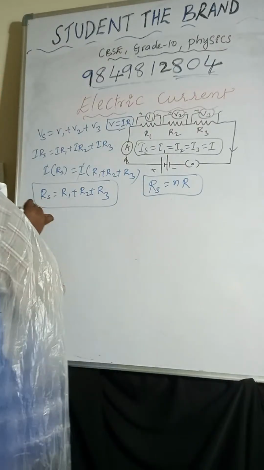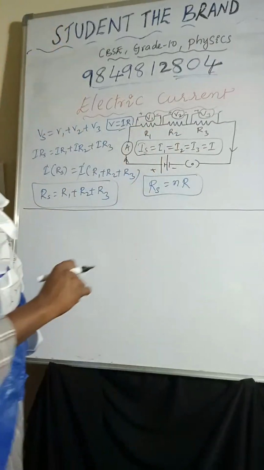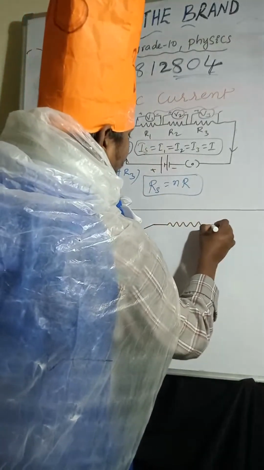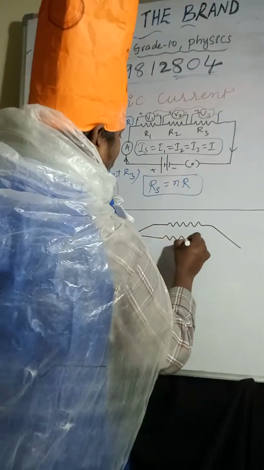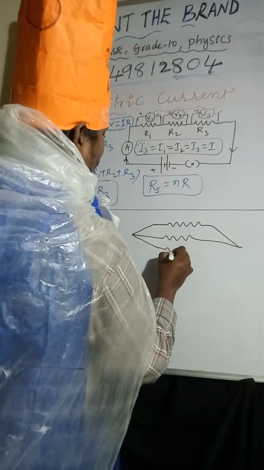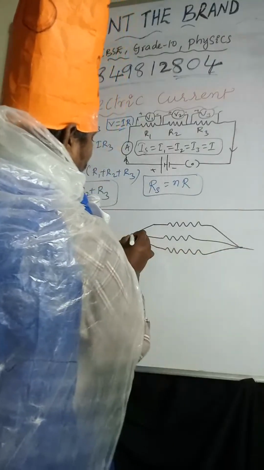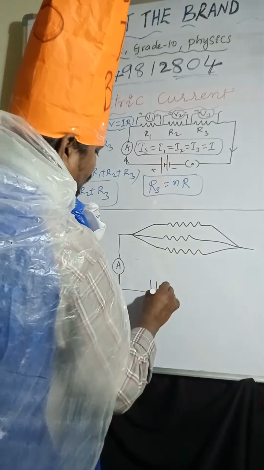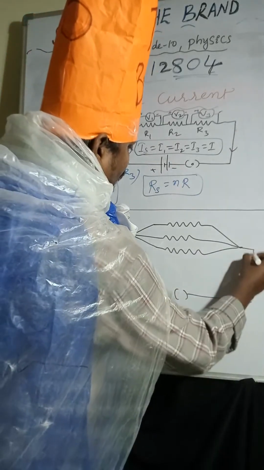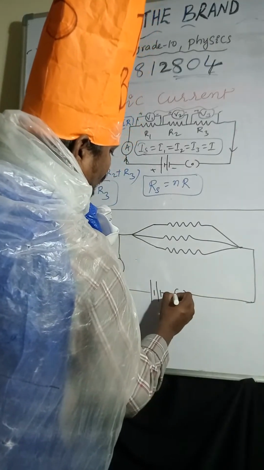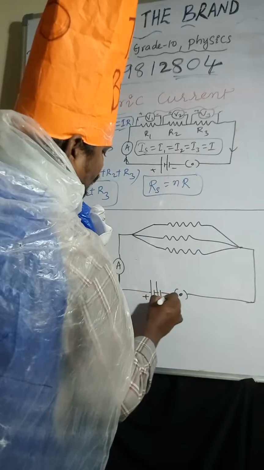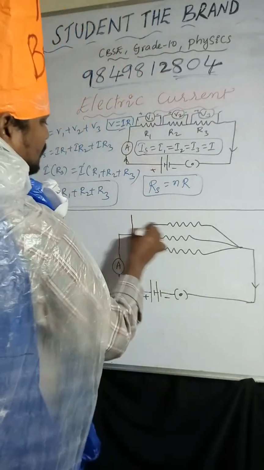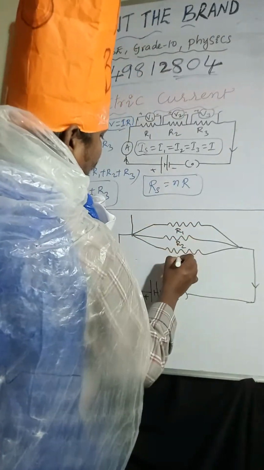So now resistors are connected in parallel combination. Now you can see here, across this is R1, R2 and R3.